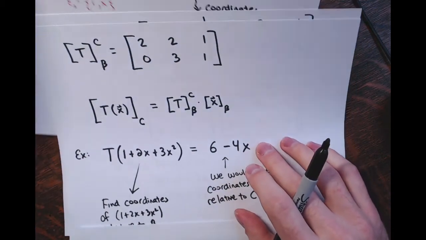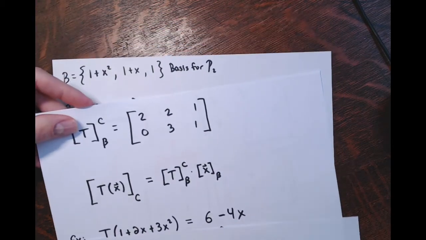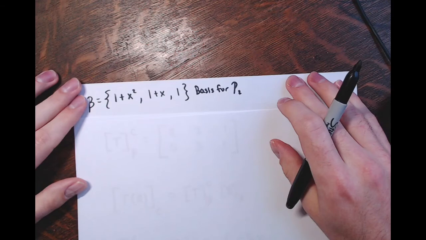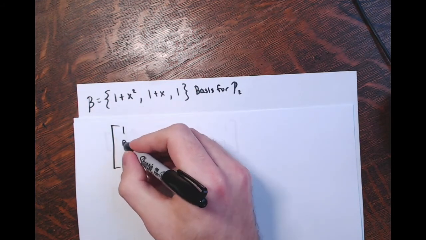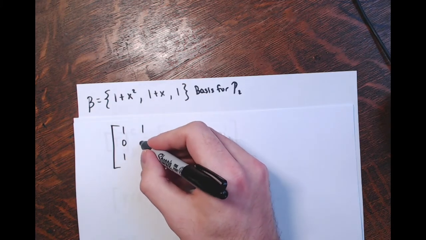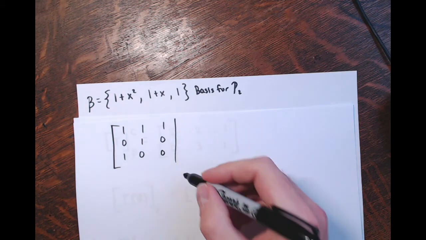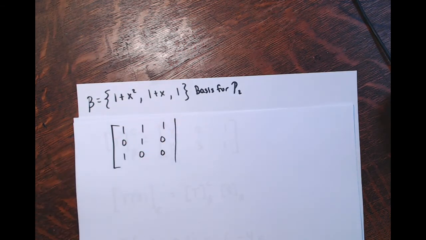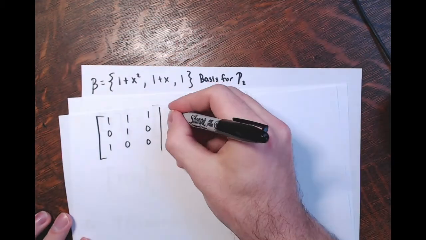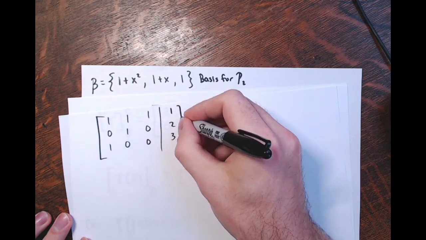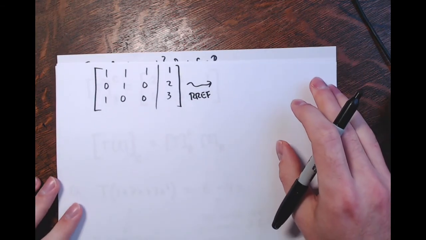Now B was this set here. So I make a little augmented matrix right now. Down the first column I got 1 and then 0x and then 1x squared, and then down the second column 1, then 1x, then 0, and then 1, then 0x, then 0x squared. And then I'd like to know what linear combination of these three make my 1 plus 2x plus 3x squared. So make 1, 2, 3. And I'll put this into reduced row echelon form. Right. So I'll be back when I have that.